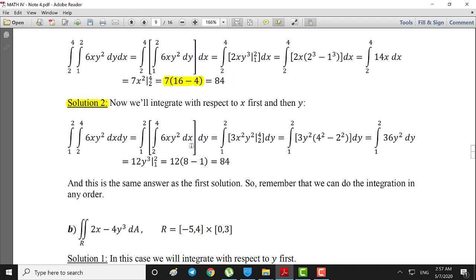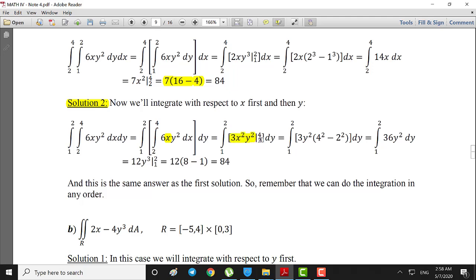In order to do that, we have to consider y to be a constant. So 6y², we're going to consider it to be a constant. We have only one x to integrate, and it is x² over 2. 6y² times x²/2 is equal to 3x²y², right?